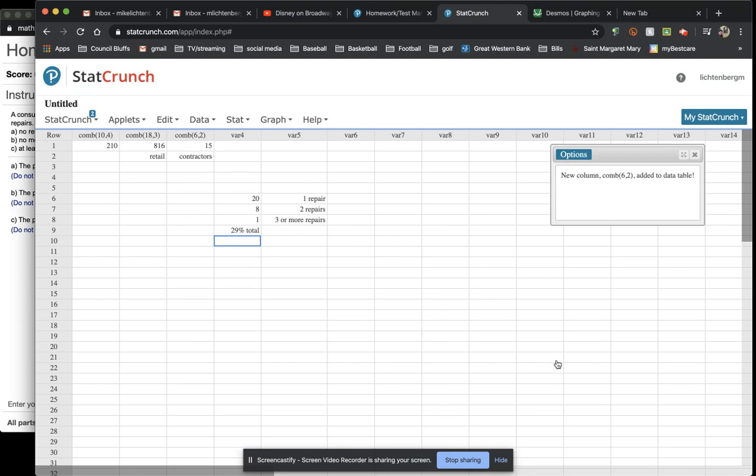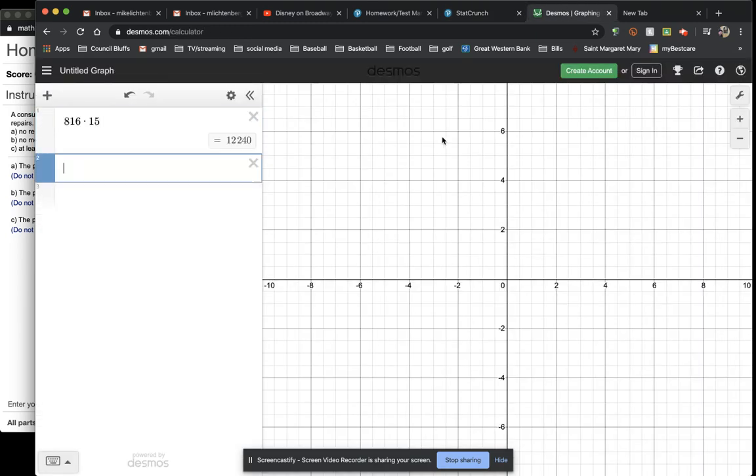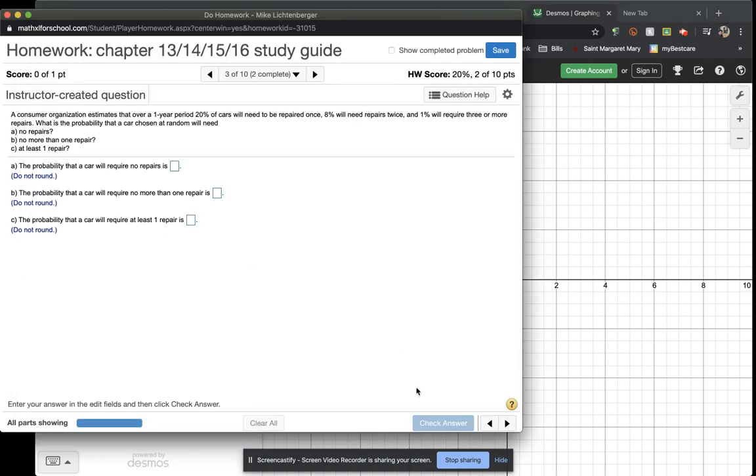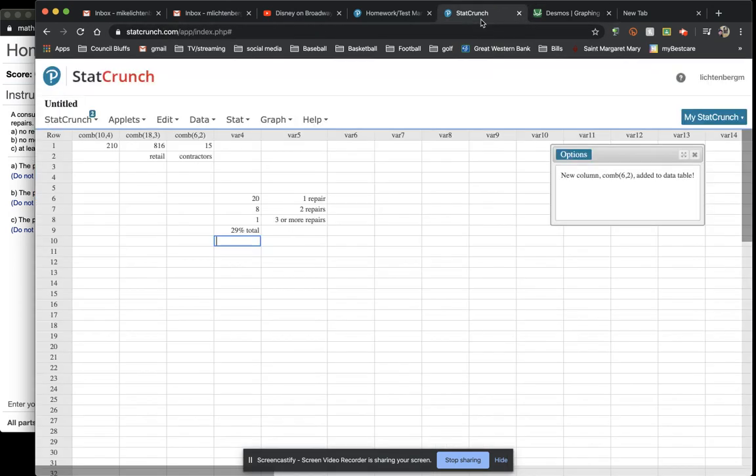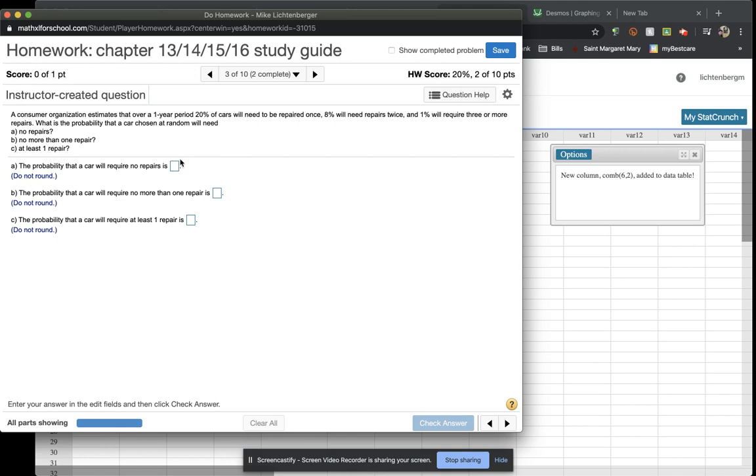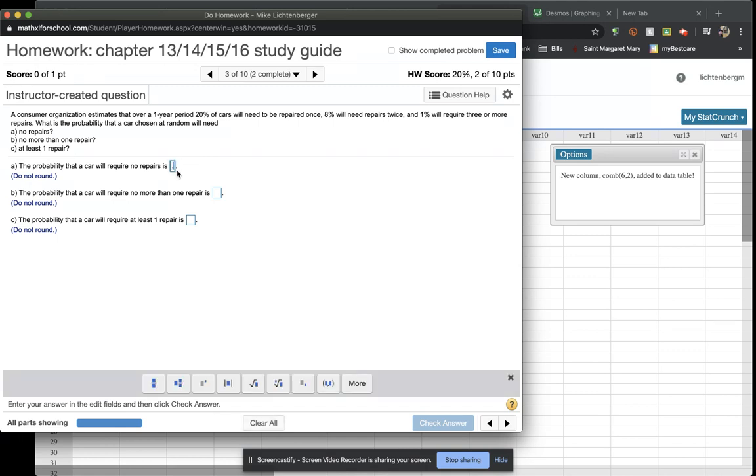So if I subtract that from 100, 100 minus 29, it leaves us 71% left over. So that means 71% need no repairs. So the probability that a car will require no repairs is 0.71.